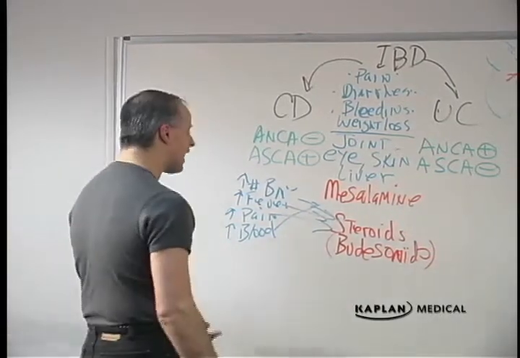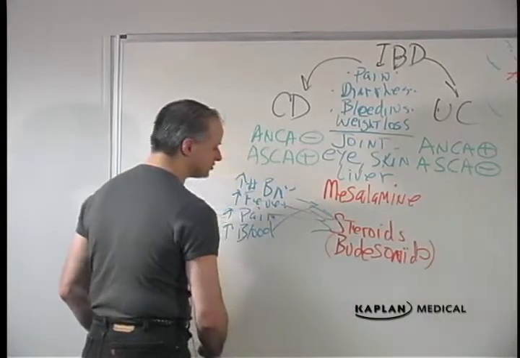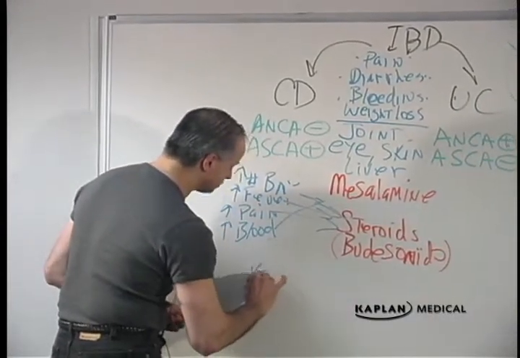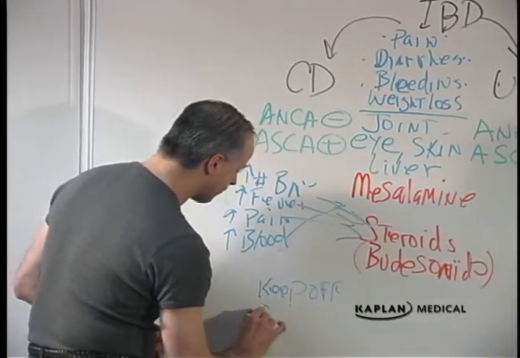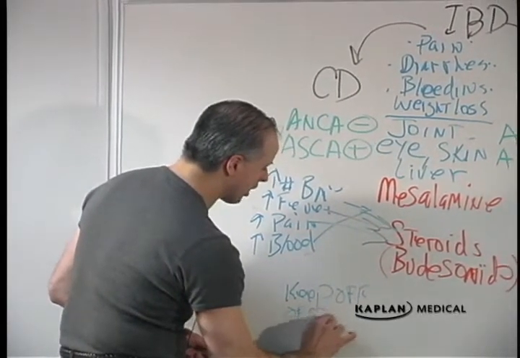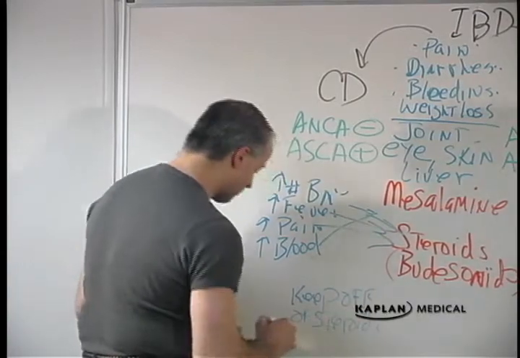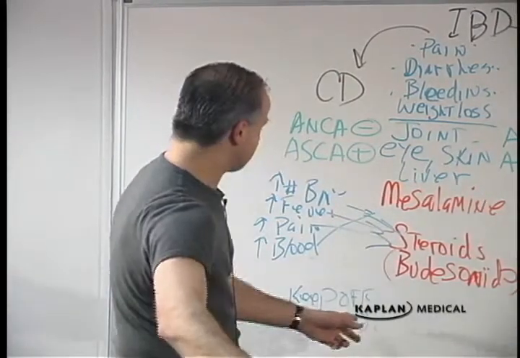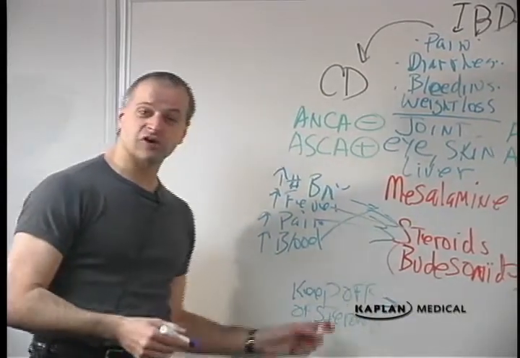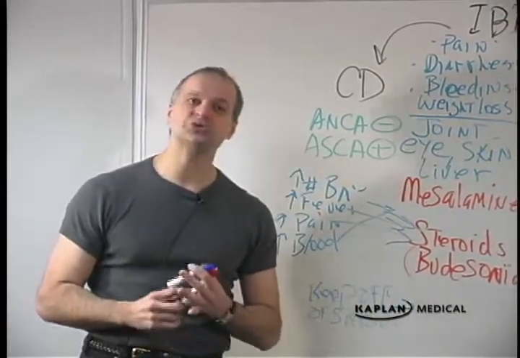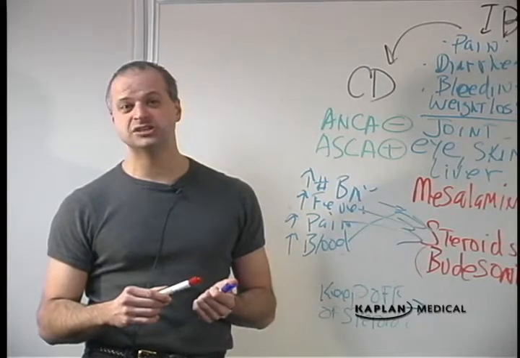So how do I keep you off of steroids but still have a prominent anti-inflammatory effect? What can I do to keep you off of steroids but still modulate your immune system?